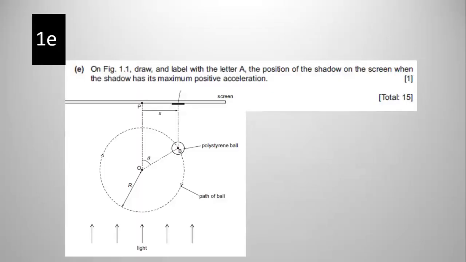On figure 1.1, draw and label with a letter A the position of the shadow on the screen when the shadow has its maximum positive acceleration. Positive acceleration is this one, where it's going this way. Right? That one is going negative. Right? You want maximum. Maximum is at the end there. So it's A here.